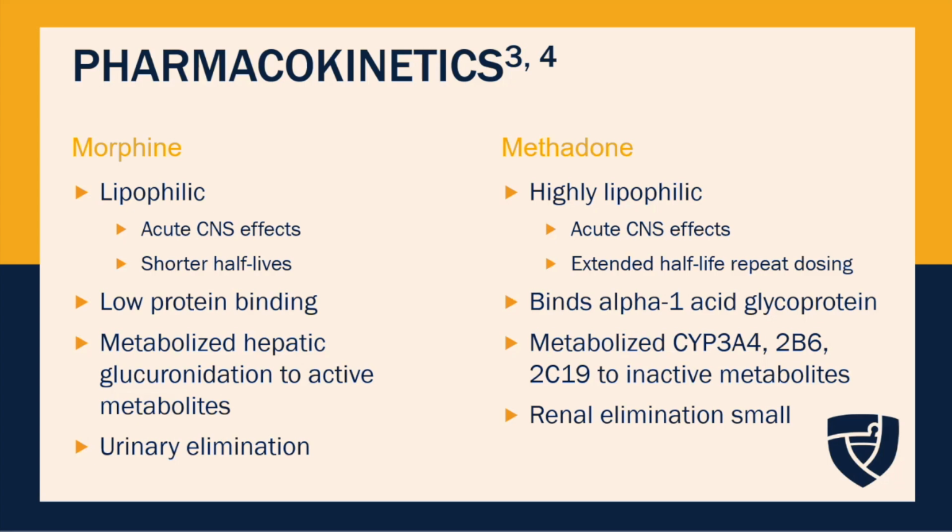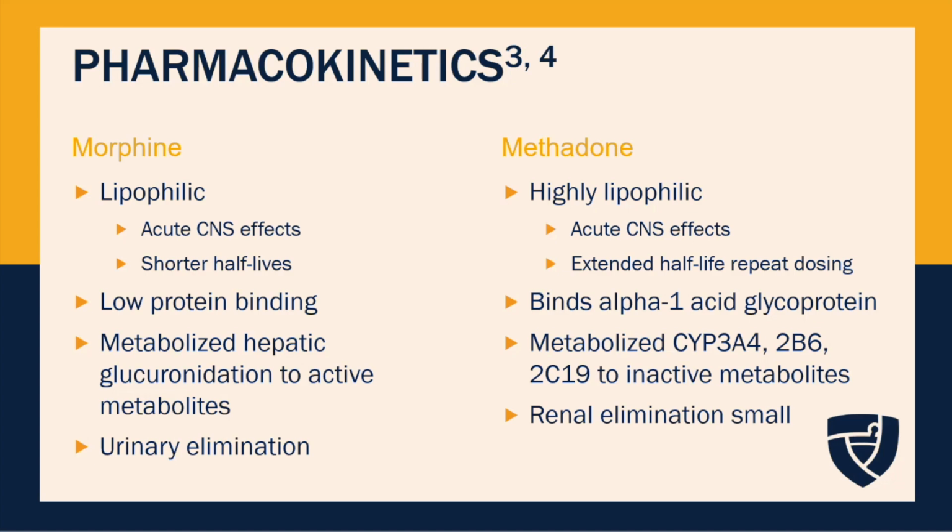So when you take a dose, you get some early pain relief. However, this very high lipophilic property then leads to accumulation in adipose tissues in patients. And this can lead to an extended half-life with repeat dosing of methadone, where accumulation occurs and then redistribution happens from the adipose tissue to the bloodstream.